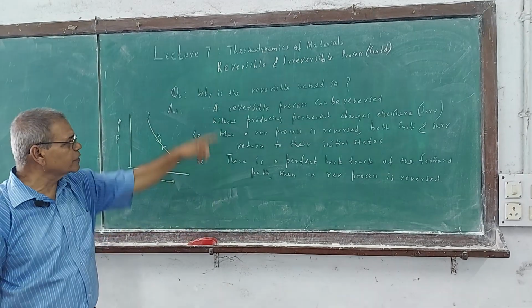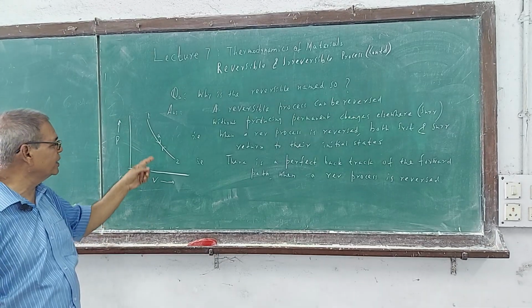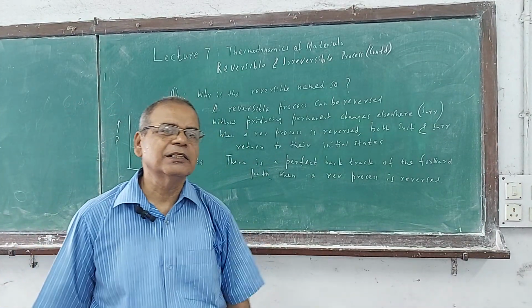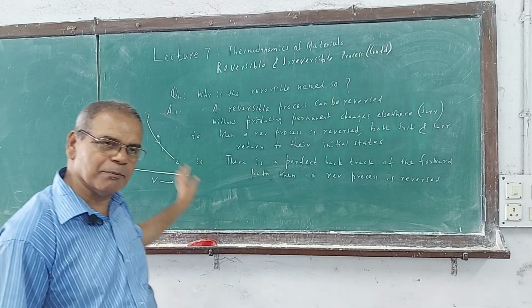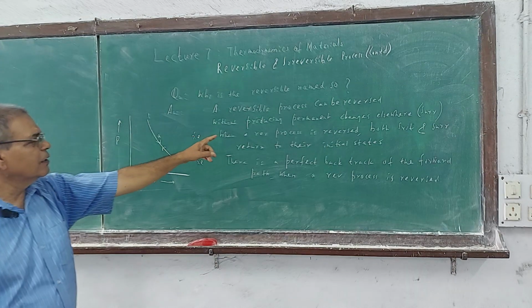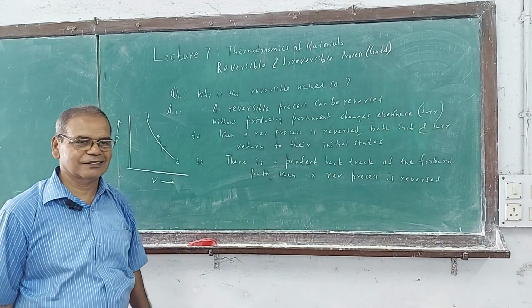These are also producing the same effects. When this happens, both system and surroundings are returned to their original state. There is no permanent change in the surroundings, meaning the surroundings return.